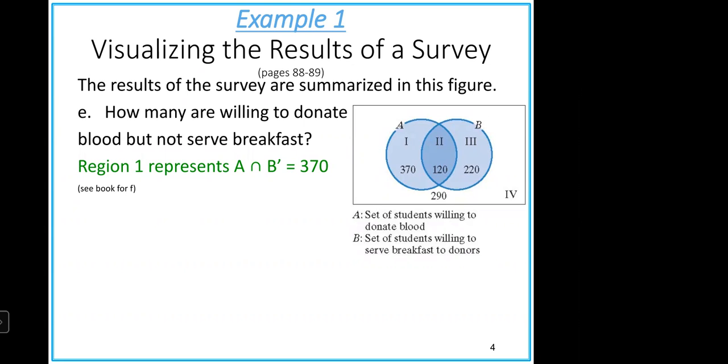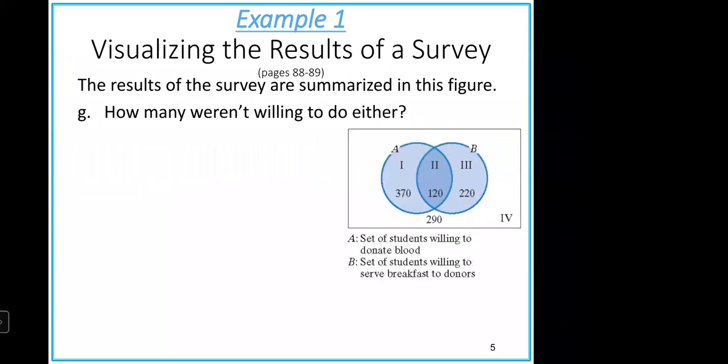Okay, that'll be 220. Thank you. Then let's go to the next one, G: how many students weren't willing to do either? Anybody could answer that. 290. Okay, because they didn't fall in any of the circles. So that's what that 290 represents.